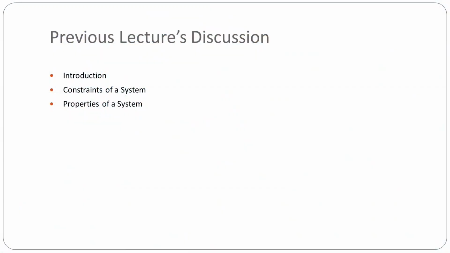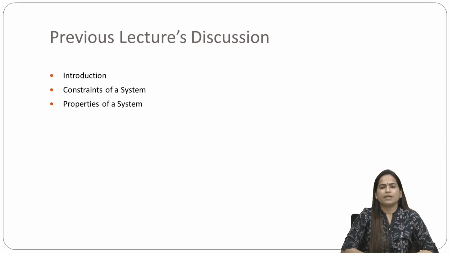Dear learners, in the previous lecture, we discussed the introduction to system analysis and design. Thereafter, we saw its constraints as well as the properties of a system. Whenever we have any system, we will have three constraints.